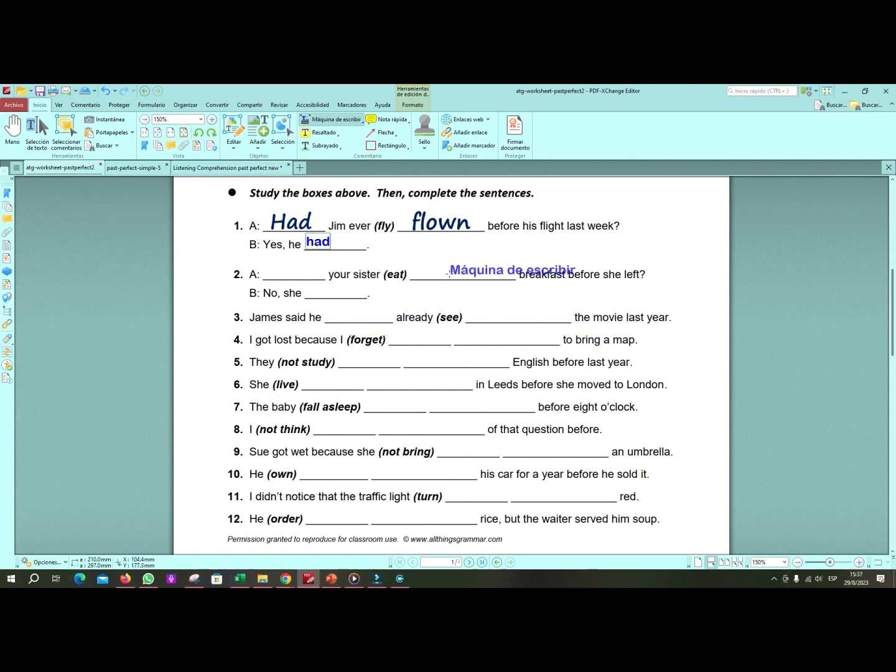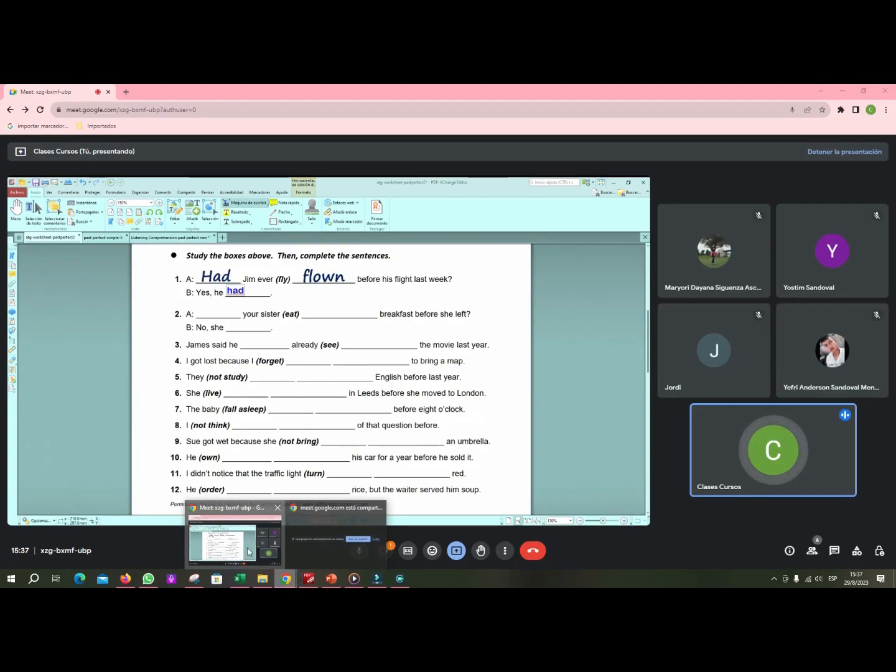So, I want you to complete these sentences using the verb that you have between parentheses, and then we're going to check the answers together. Okay? So be careful when you have a no, that will be a negative one, right? So, guys, work on those sentences.